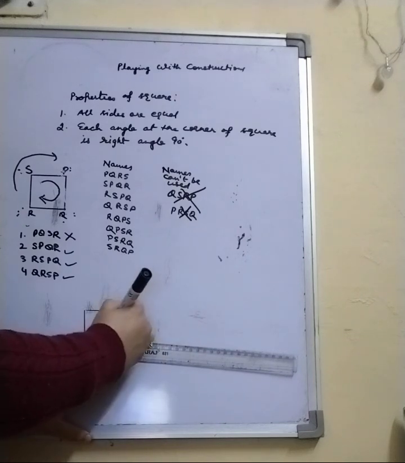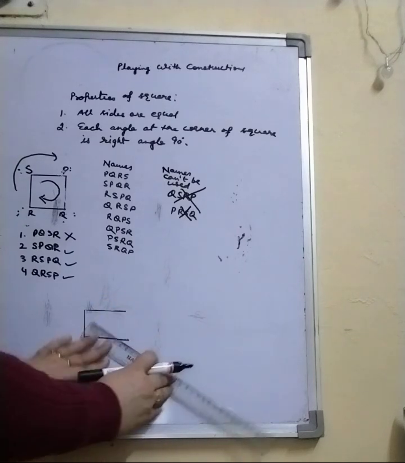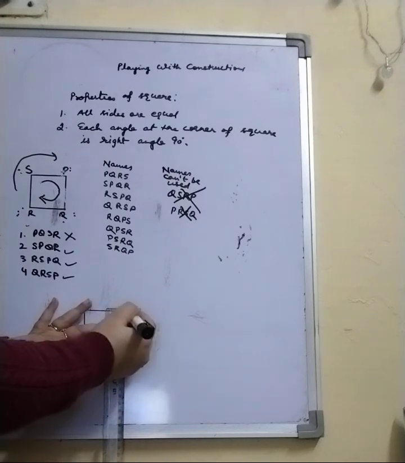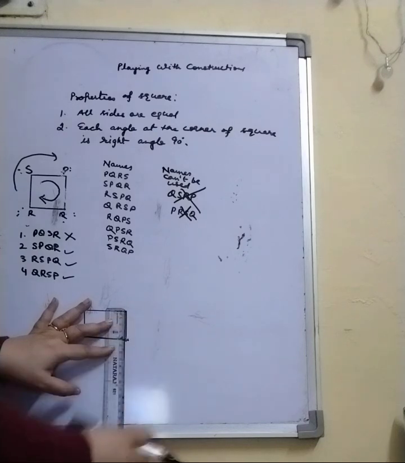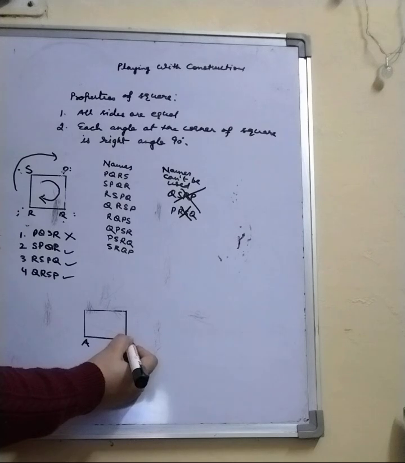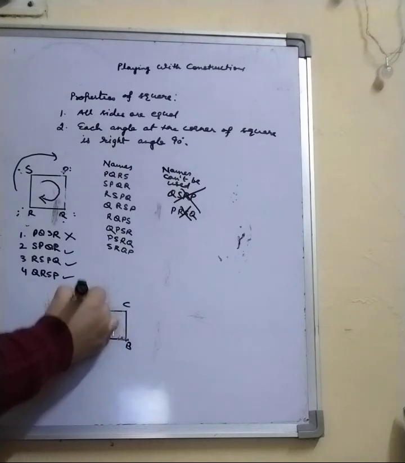Then again a line segment of 6 centimeter and then a line segment of 4 centimeter in this way. So what type of figure do you get?